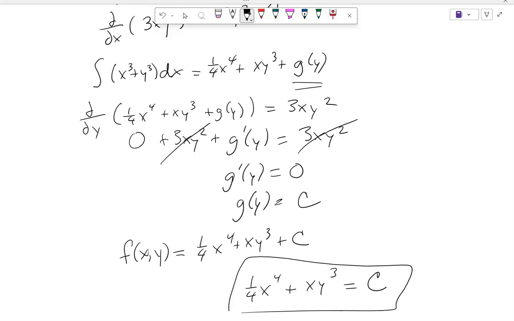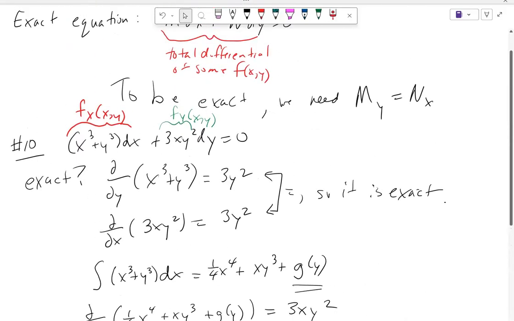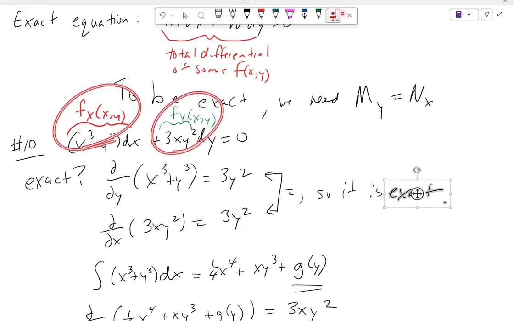This one okay? This is the process every time. You could do an analogous process just the other way. Notice we integrated with respect to x here, and then differentiated with respect to y here. You could do the reverse. I could integrate with respect to y and differentiate with respect to x.